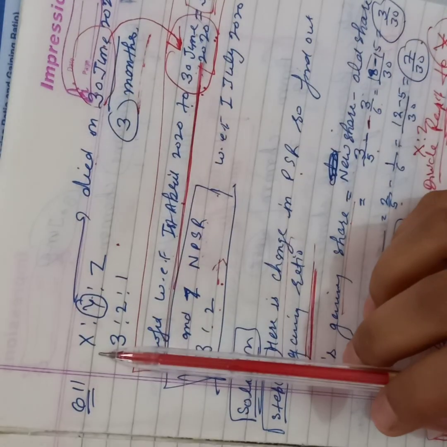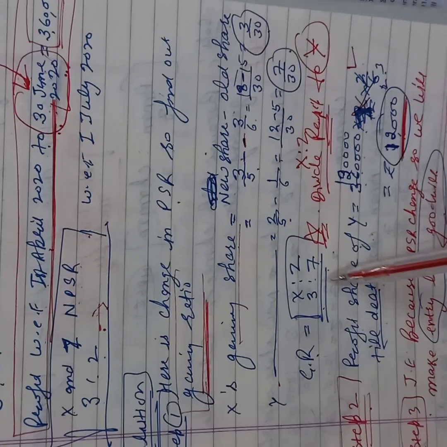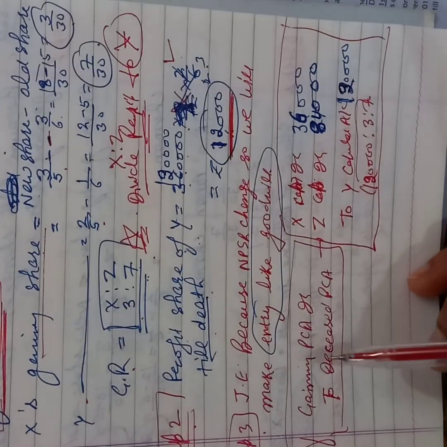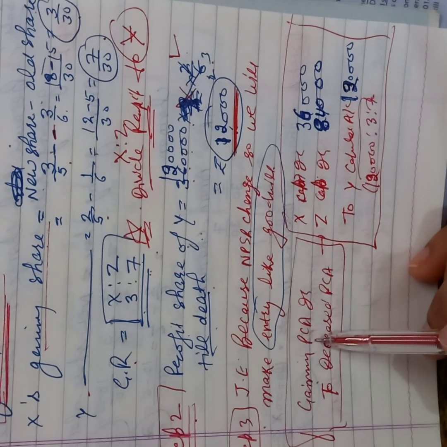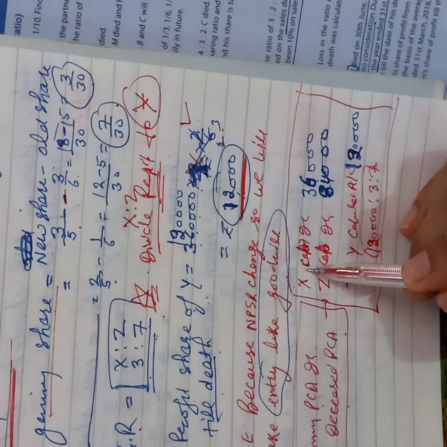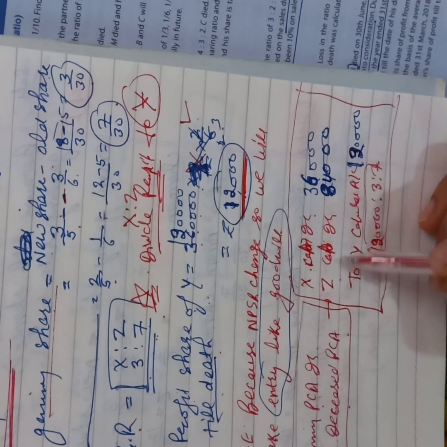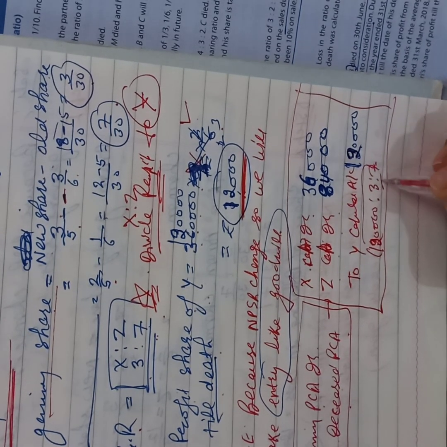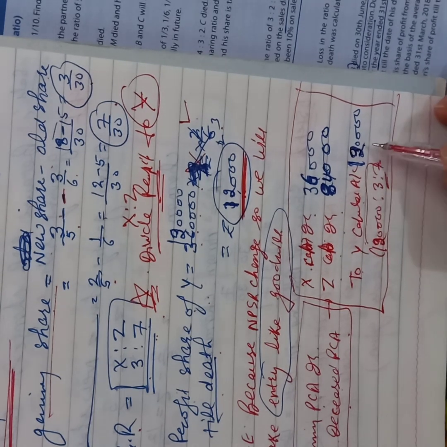The gaining partners X and Z, both gaining in ratio 3:7. So we will make the journal entry: gaining partners' capital accounts debit to the deceased partner. X capital account debit, Z capital account debit in ratio 3:7 to Y capital.